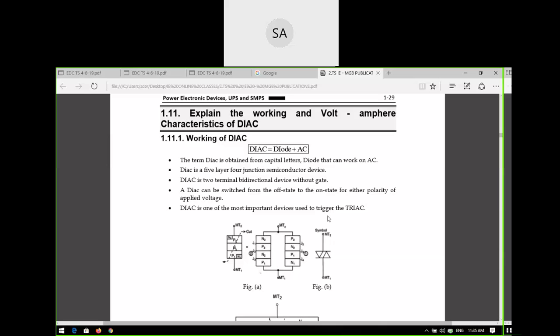If you cut this device into equal parts through the middle, you will form two SCRs, and they are connected back to back.